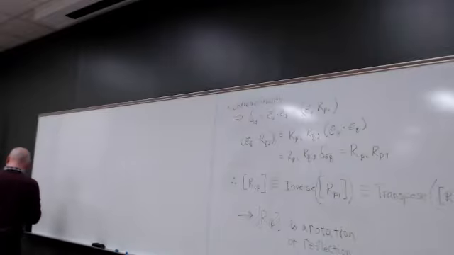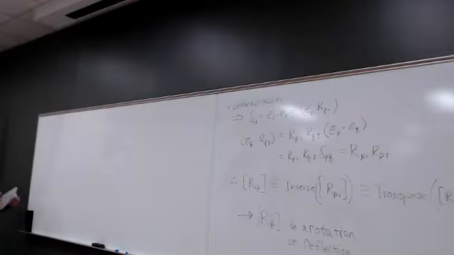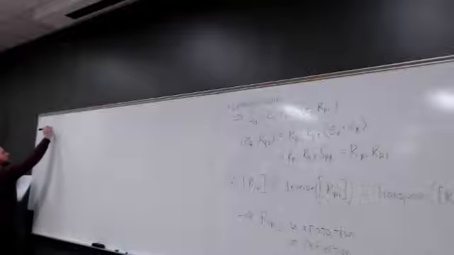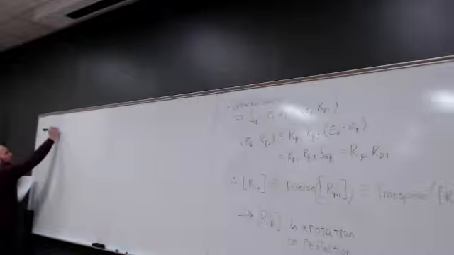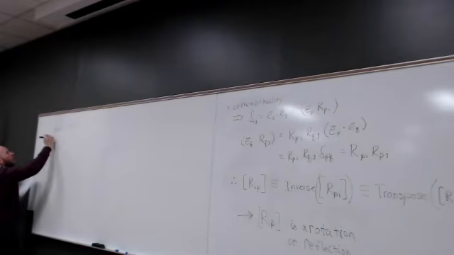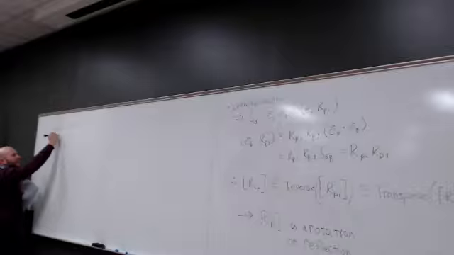Okay. All right, so let's use this for a minute. Since geometric objects like vectors and tensors are coordinate free, right? They're basis independent.